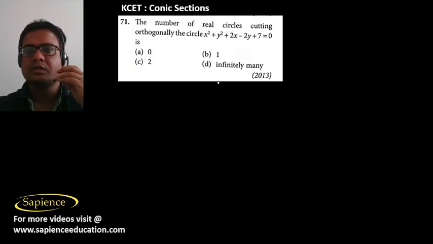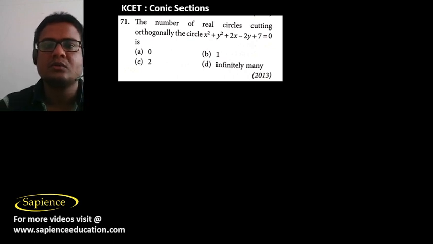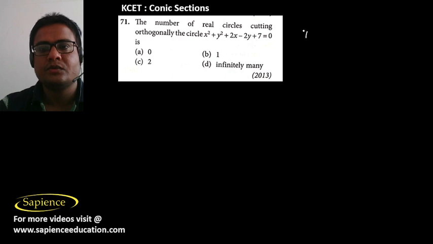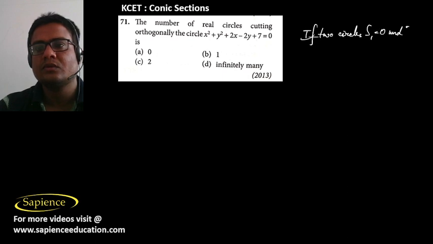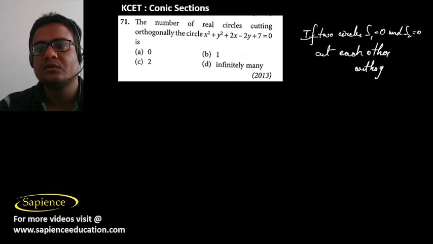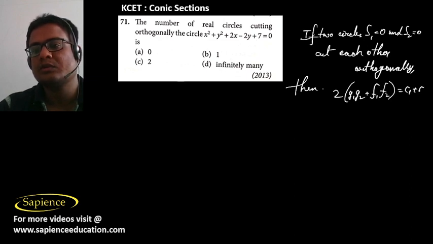Then here it is told the number of real circles cutting orthogonally the circle is. So we know that if two circles S1 equal to 0 and S2 equal to 0 cut each other orthogonally, then we have 2 into g1 g2 plus f1 f2 should be equal to c1 plus c2.